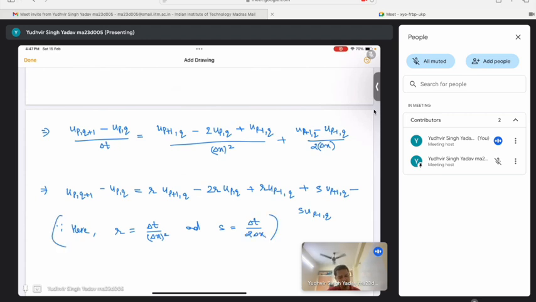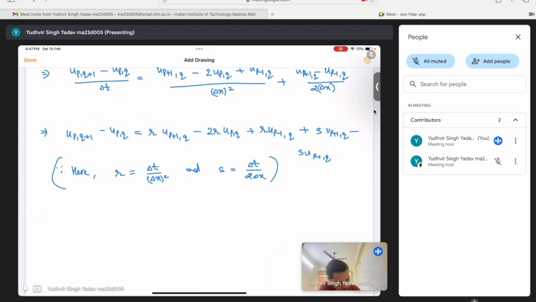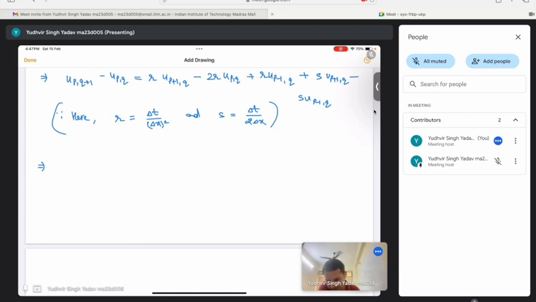We have used the respective notations. Simplifying further, we get u p comma q plus 1 equals (r plus s) u p plus 1 comma q plus (1 minus 2r) u p comma q plus (r minus s) u p minus 1 comma q. Let us denote this as equation 1.